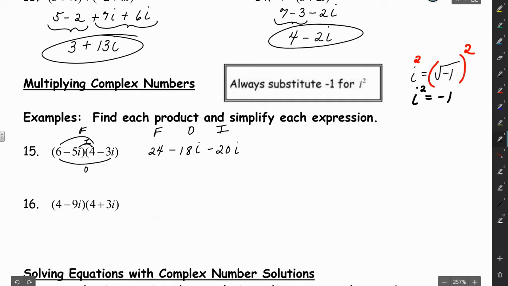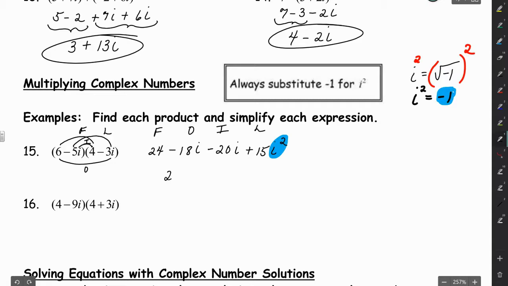And then our last, it's going to be plus now. Negative 5 times negative 3 is 15. And i times i is i squared. All right, so this is what you're looking for. Whenever you see i squared, you're going to replace it with -1.